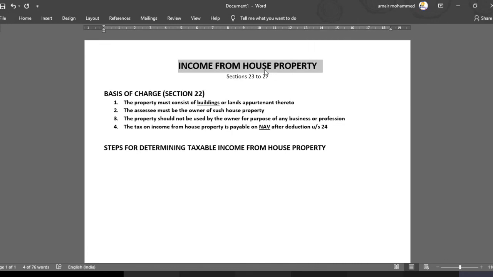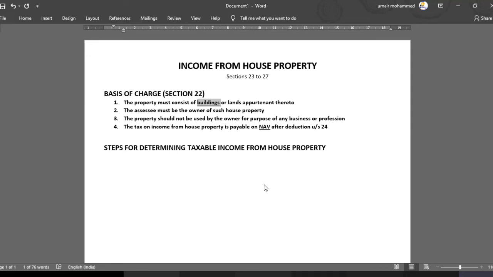Of course there is the word house in the title, but the provision says that the property must consist of a building. So whether you're getting rent from a shop or from a house, it is income from house property.